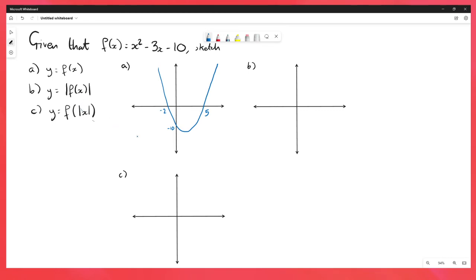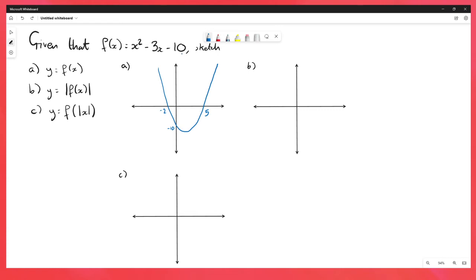So let's have a look at what happens when we modulus the whole thing. As we've seen in these two videos, the modulus takes a number and makes it positive. What this is doing is we are calculating an answer for this and then applying the modulus function.